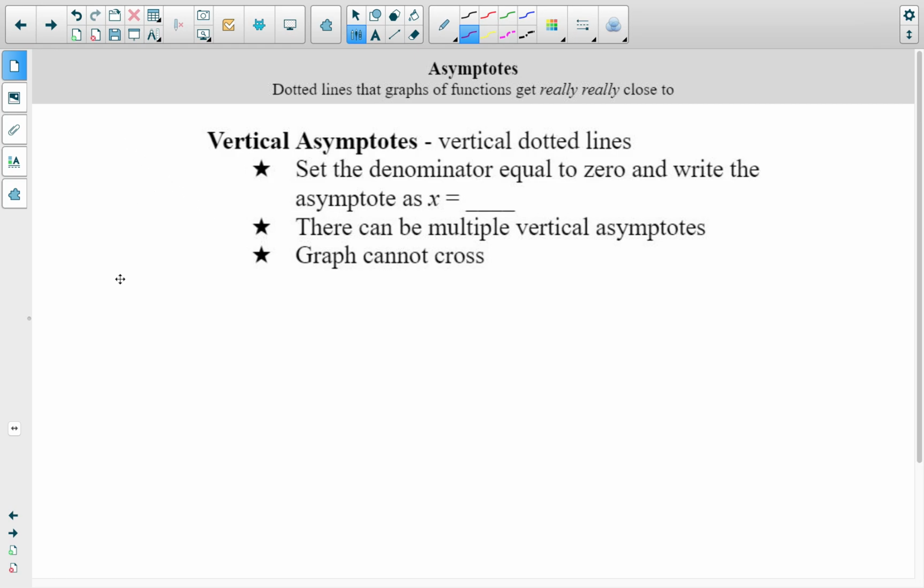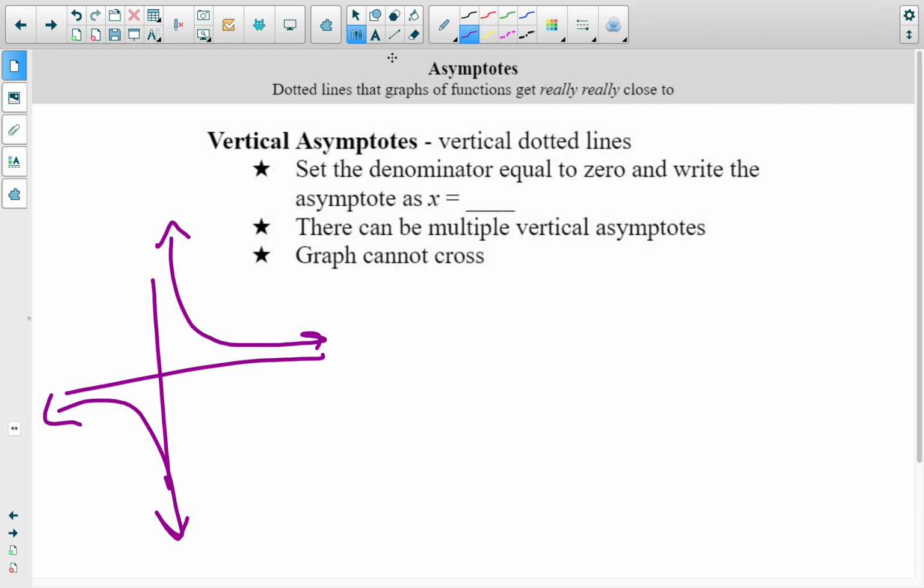Generally, rational function graphs look something like this, roughly. They've got these fun little curves. You can call them a little skadoosh if you'd like. A vertical asymptote would then be this vertical line that we are approaching. There's also such a thing as a horizontal asymptote, which we'll get to in a second.